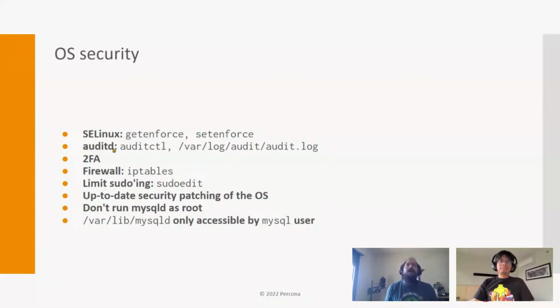It's an important bit. Auditd will give you an OS-level audit daemon, and it's going to record events. For example, when SELinux forbids something, it's going to be logged by auditd. But you can also log other stuff.